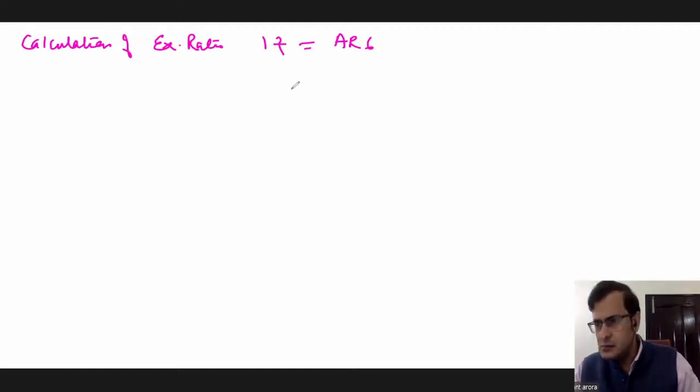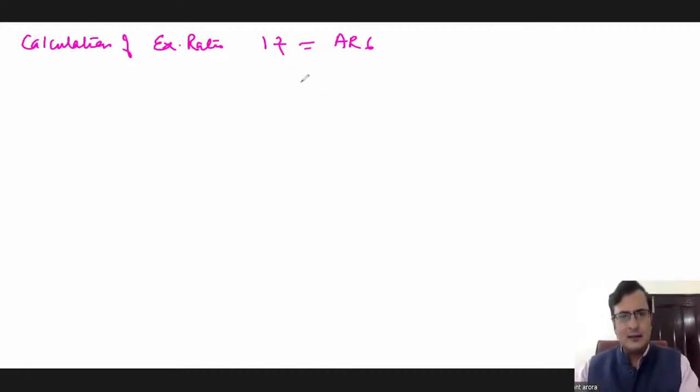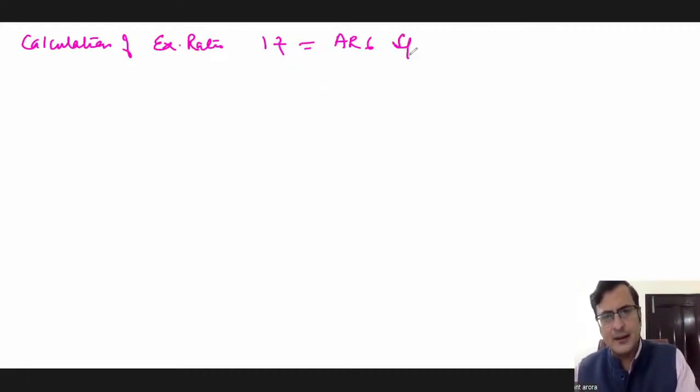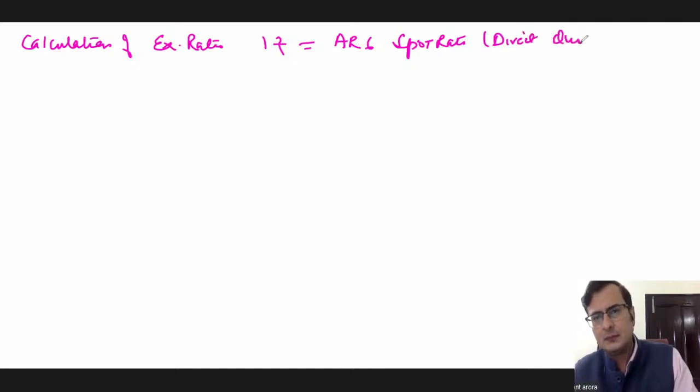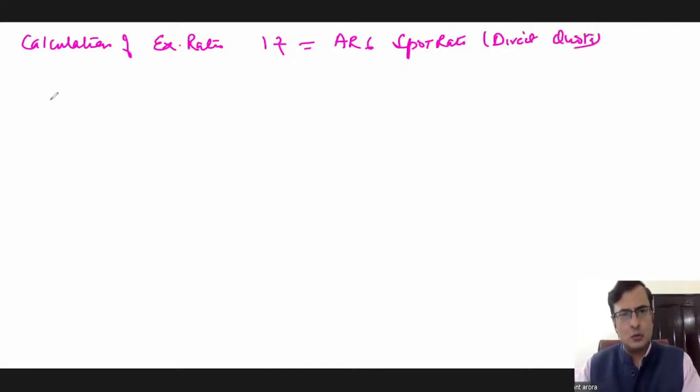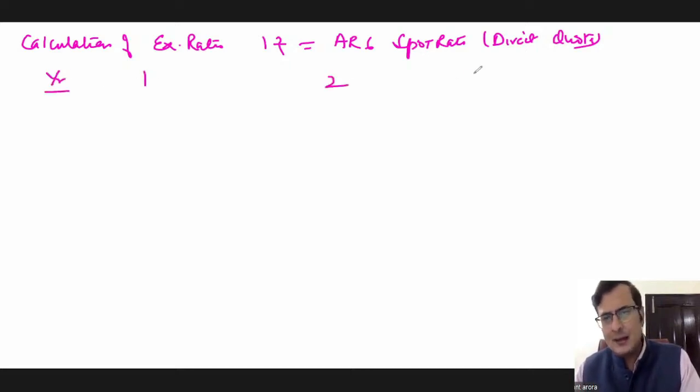Okay, so this is the spot rate, and just to tell you, this is a direct quote. So let me take you to the forward rates for year 1, 2, and 3.